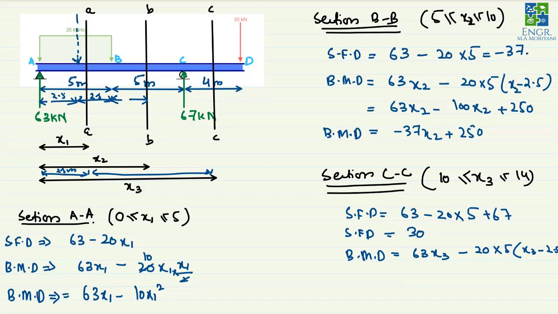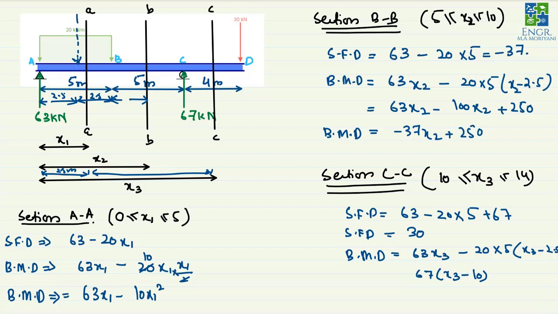Okay, and then last but not the least, we have this force which is equal to 67 kilonewton, and the 67 kilonewton will also generate the clockwise moment, and its magnitude will be 67, and the moment arm will be x3 minus 10, because you can see that this is acting at this distance. So this distance will be x3, the total distance from this side, minus this 10.